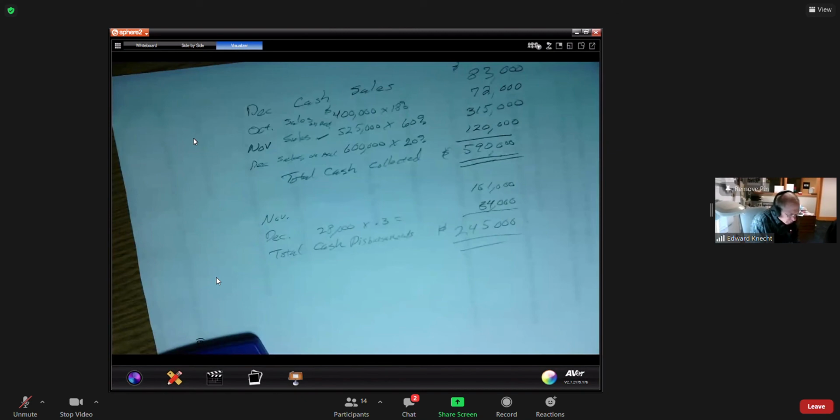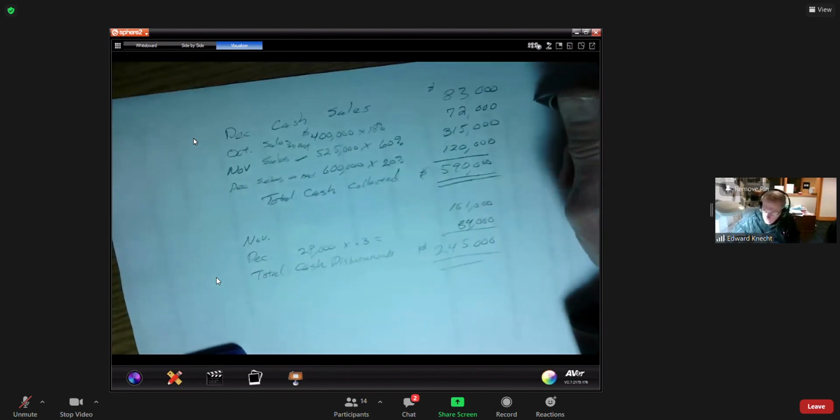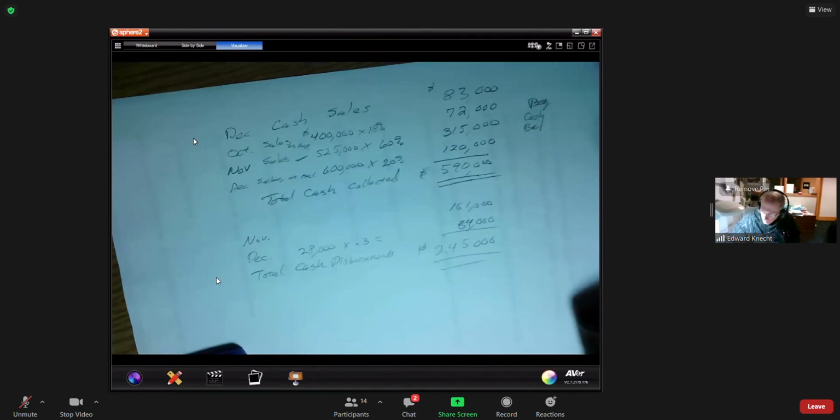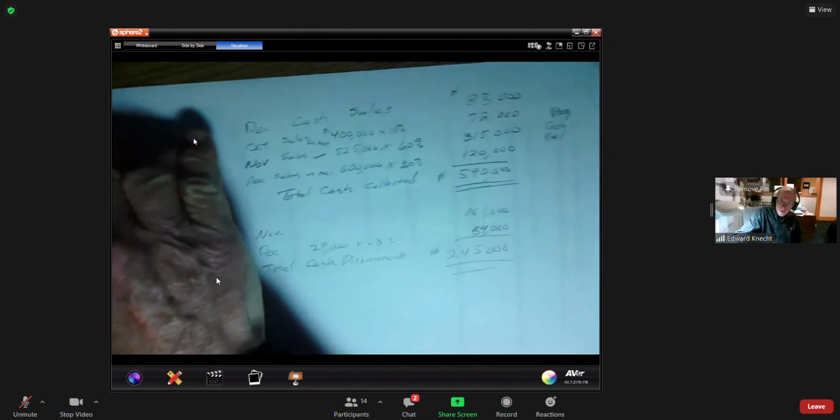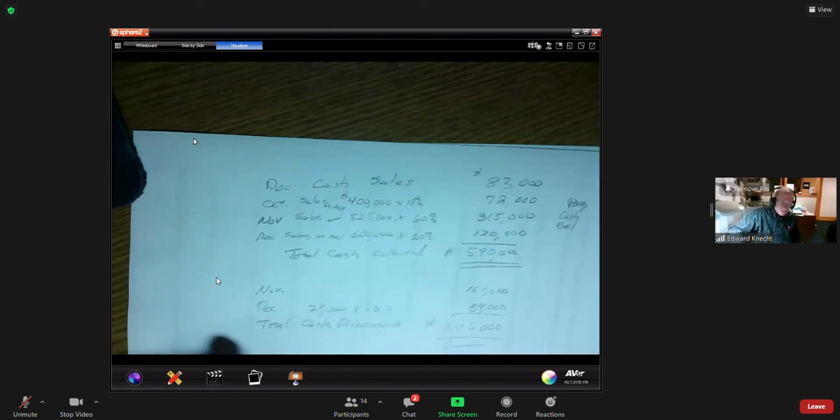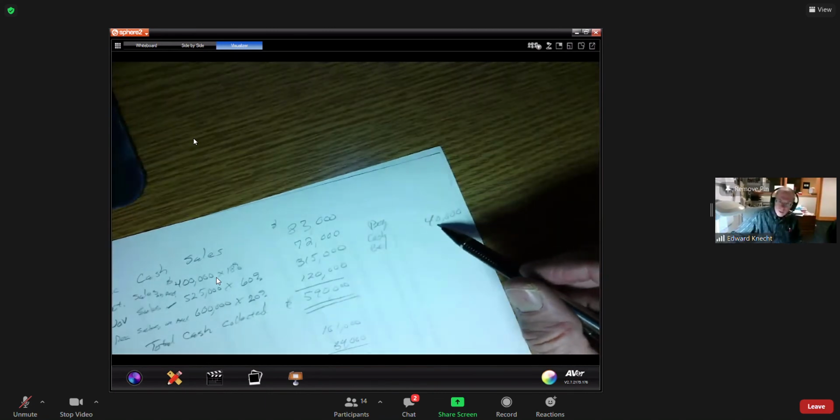So if we subtract that from the beginning amount of cash available, remember, what's the beginning cash balance? Somebody tell me the beginning cash balance. 40,000. So that's the starting point for the month, is it not? I have it way over here, beginning cash balance.